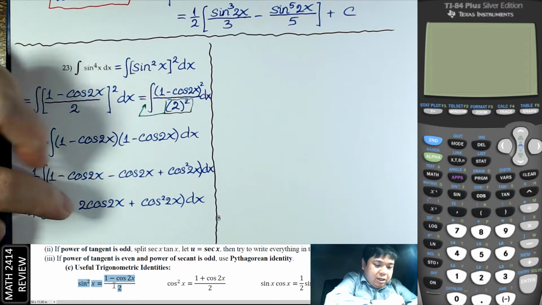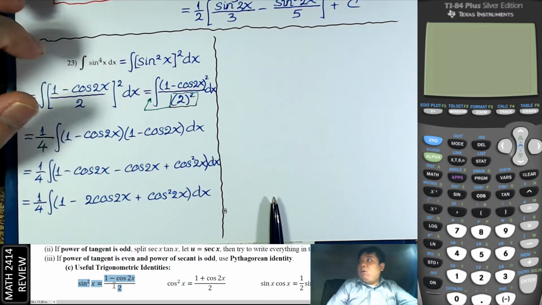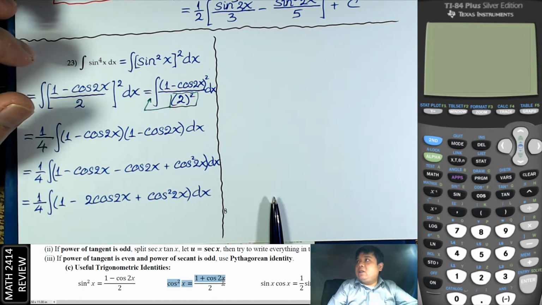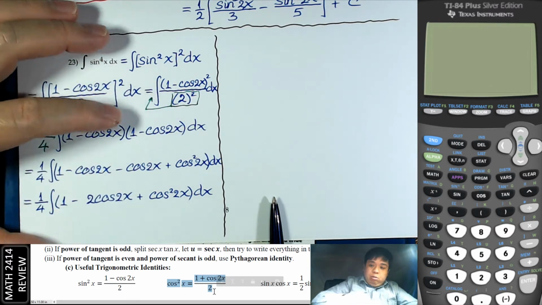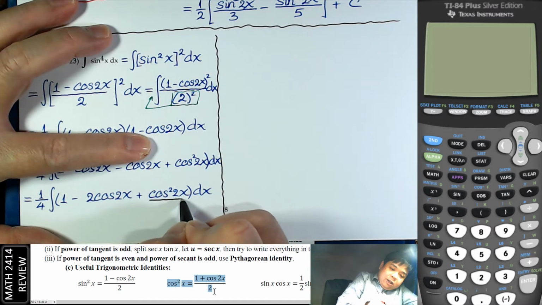So that's one easy. The cosine square here, that is another power reducing. So power reducing for this one.